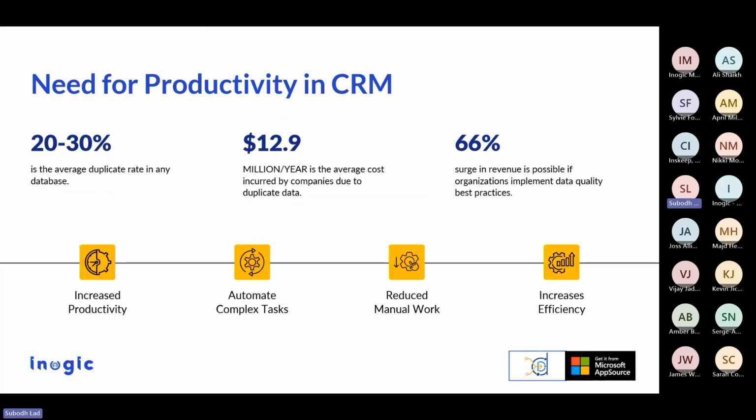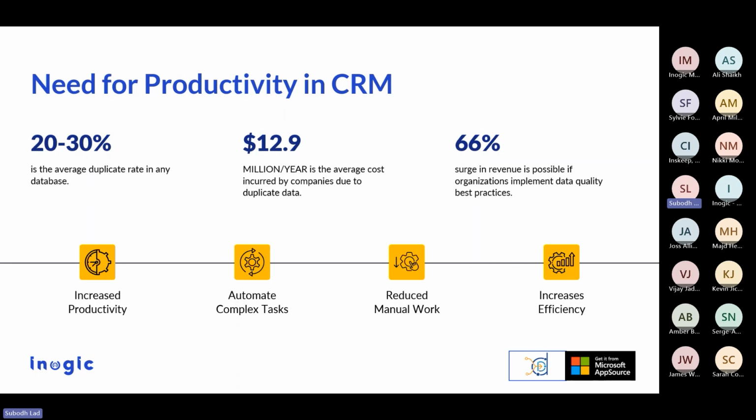So going through the need for productivity in CRM. On an average, as we see, there is around 20 to 30 percent duplicate data, and in some legacy organizations the number might be higher. So there is a lot of duplicate data in most large organizations. What this ultimately does is it leads to a subsequent cost.